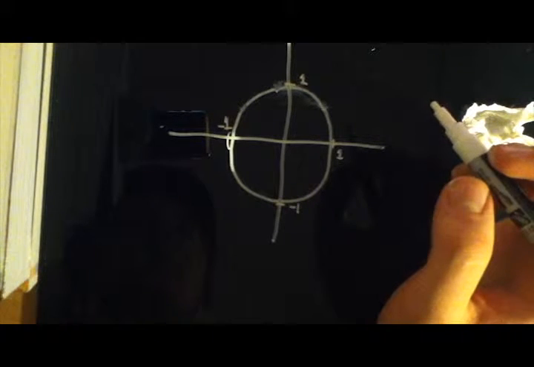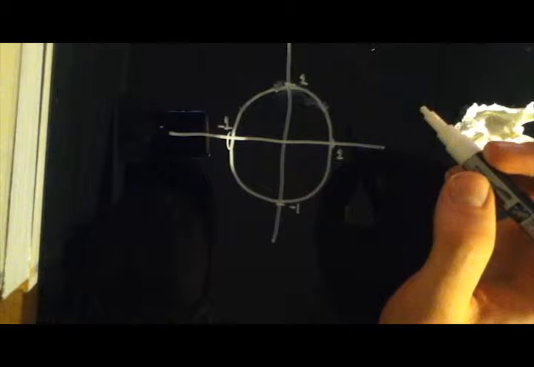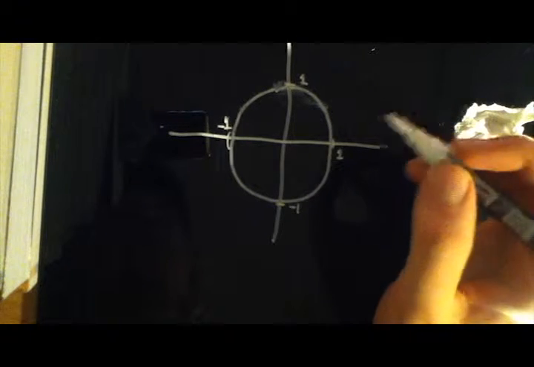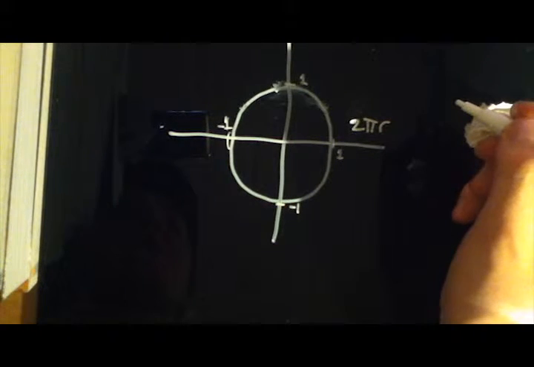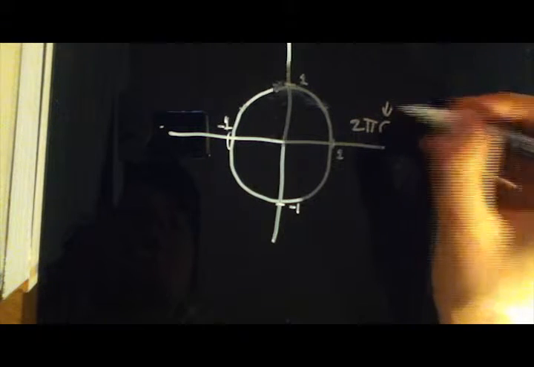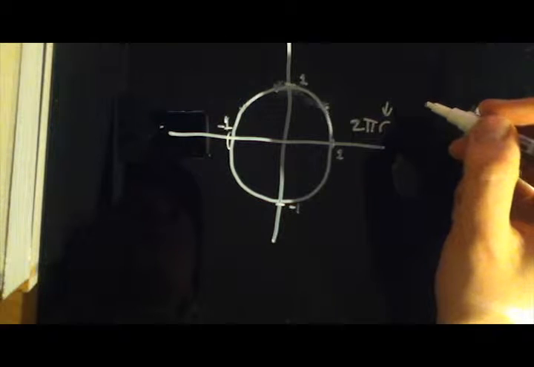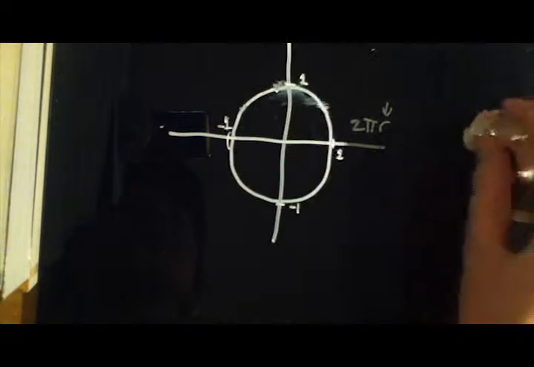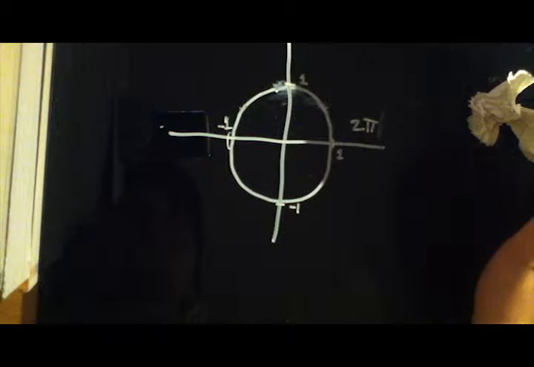So what is the circumference of the circle, you may ask? Well, you might figure that it's 2 pi r, right? That's the formula at least. However, pay attention to the r. This is a unit circle. r is equal to 1. So 2 pi times 1 is equal to 2 pi. So the circumference of the circle is 2 pi.